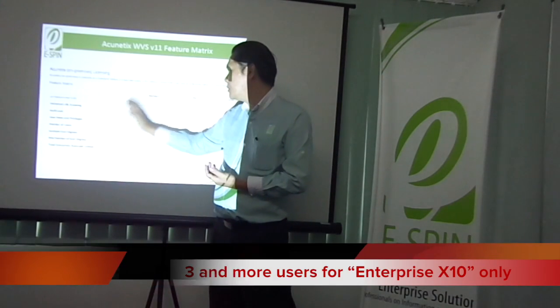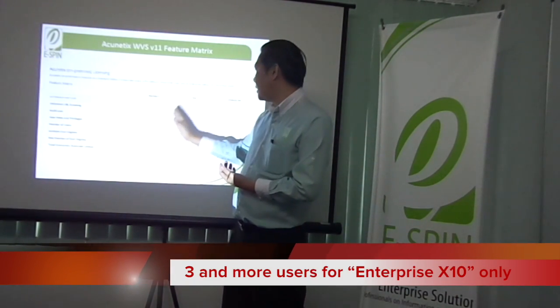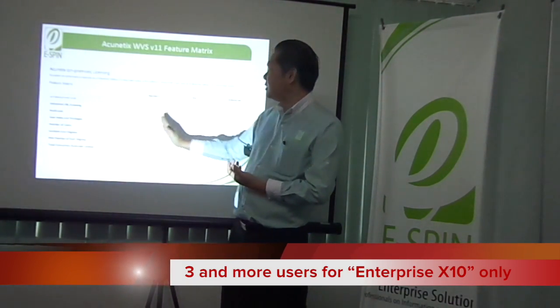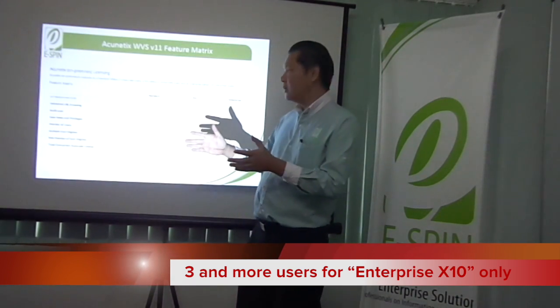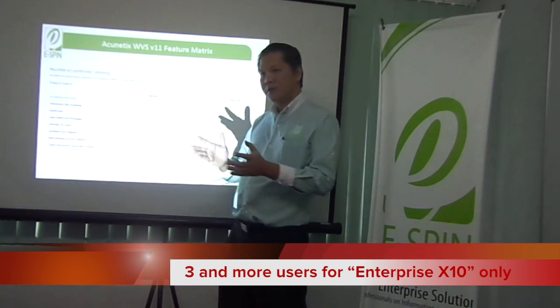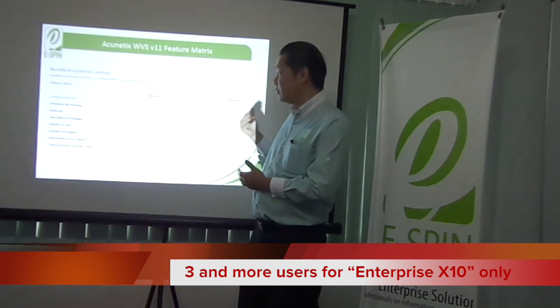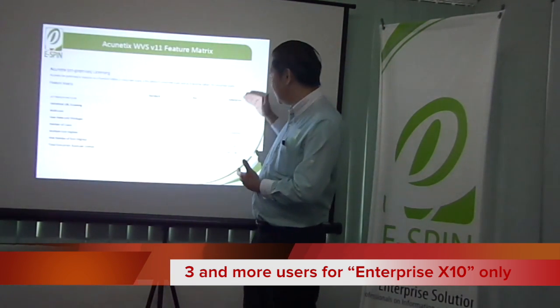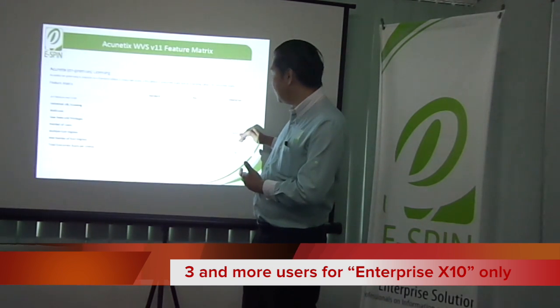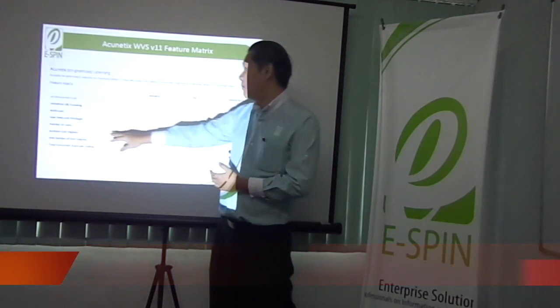The number of users, whether Standard or Pro, is 1 user because this is typically deployed on a laptop, desktop or workstation scenario. This one is 1 user. However, for Enterprise, due to the multi-user scenario, it will be 3 users.